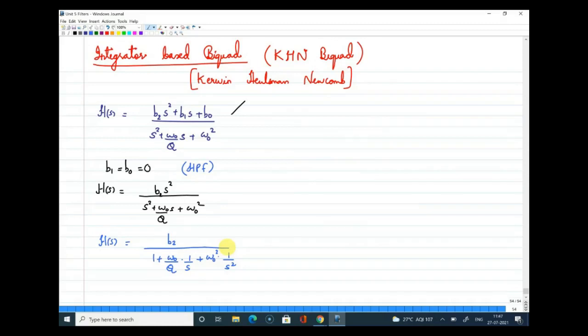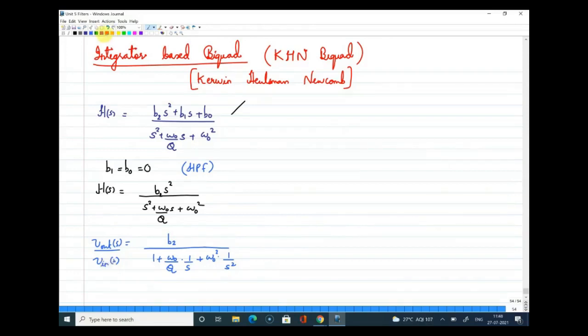So I have taken the transfer function and I'm just rearranging it by eliminating the s square term in the numerator. Now, if I look at this, the left hand side is H of s. H of s can be written as V out of s by V in of s. As the name suggests, we are trying to get a relationship between V in and V out in the form of an expression, where we will know how I can get V out from V in.